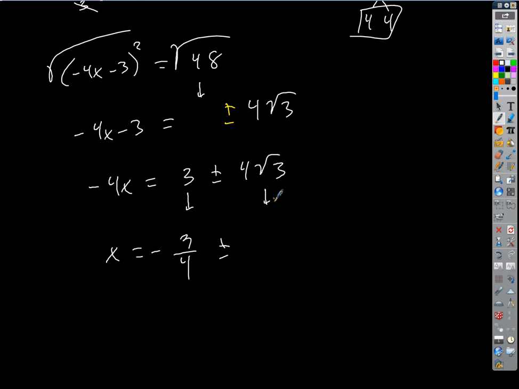It's the plus or minus term, so do I ever divide by a negative? Remember our trick? No, we don't. There's no reason to, because I've already got both signs anyway. So dividing by a negative is superfluous. So what is 4 radical 3 over 4? Radical 3, those cancel. So we end up with just plus or minus radical 3. Those are my solutions. If you can do that, that's the hardest one I could cook up for isolating x. If you can do that one, you've got all those down.